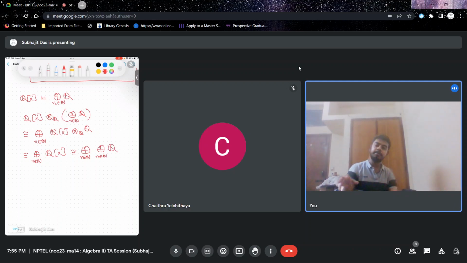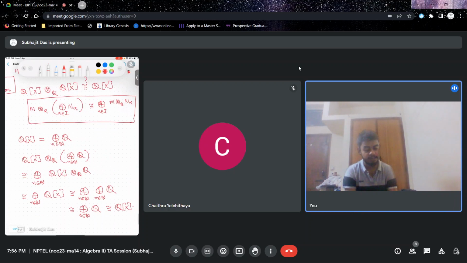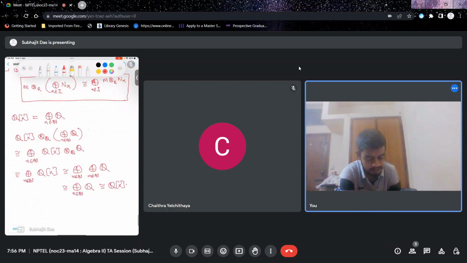Now a countable direct sum of countable direct sums of Q is just a countable direct sum of Q. So this is isomorphic to direct sum over n in natural numbers, n being just a dummy variable here, of Q, which is isomorphic to Qx. So they are actually isomorphic. This is correct. Is it clear to you?